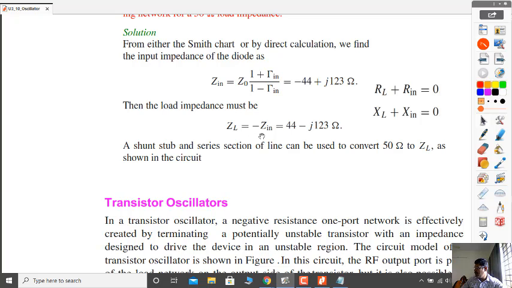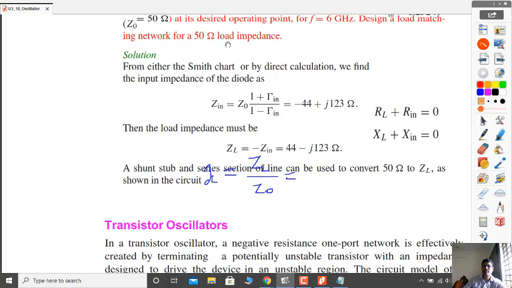So this is the one that we need. First you compute the normalized load value, lowercase zl, which equals the actual load value ZL divided by Z naught, the characteristic impedance. It is 50 ohm.